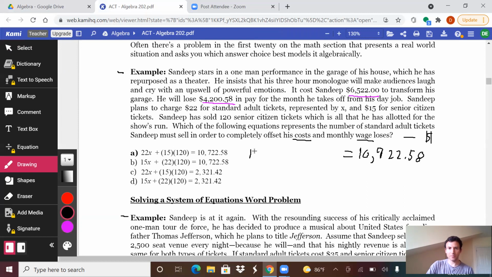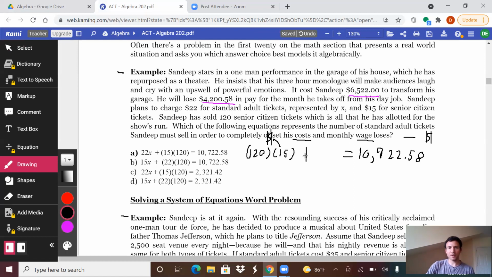So we'll take the number of senior citizen tickets, but we have to multiply it by the cost per ticket to turn that number of 120 into a price, right? If we have 3 tickets, we would multiply the 3 tickets by $15 in order to figure out how much all 3 tickets cost together. So we're just changing the number of tickets into a price.